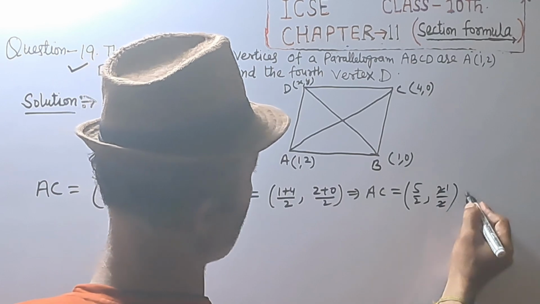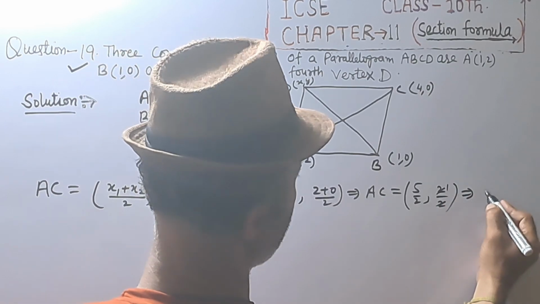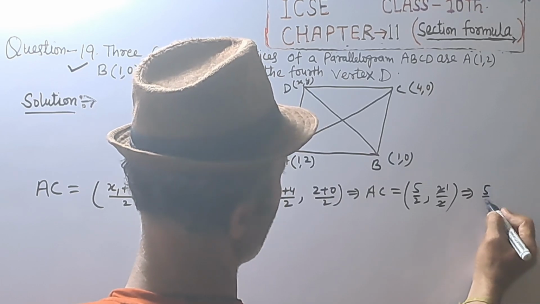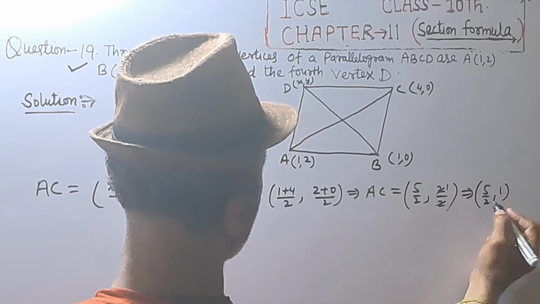This is cancelled, which implies we get AC is equal to (5 upon 2, 1).